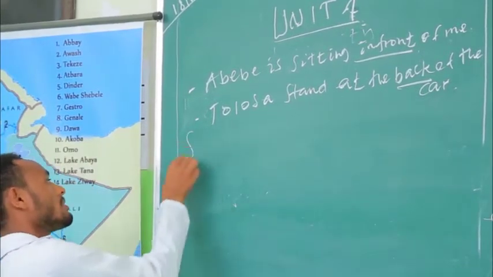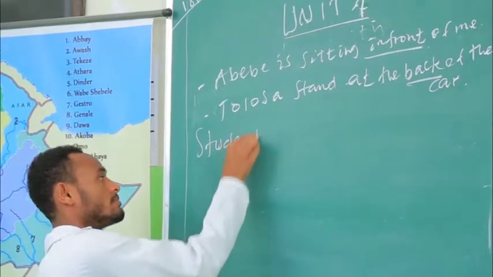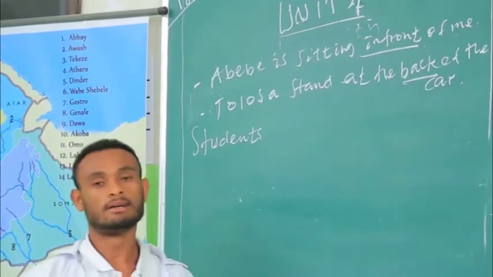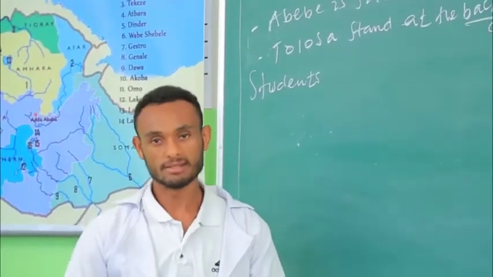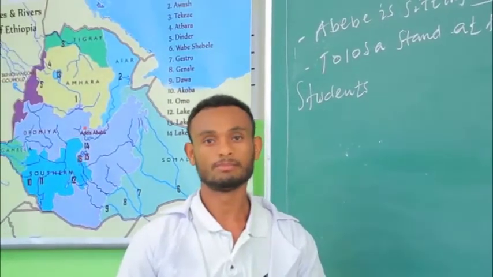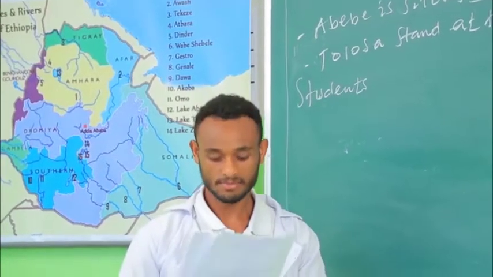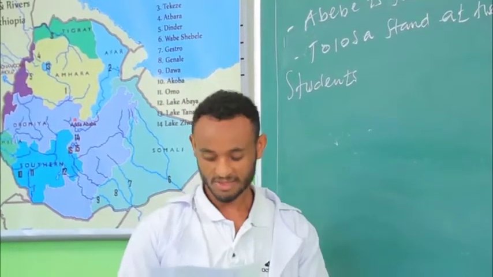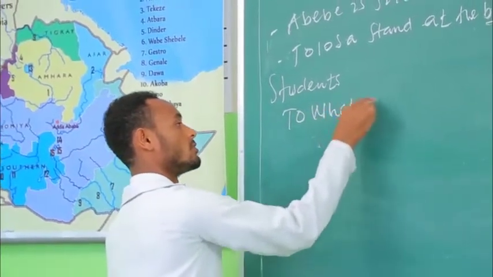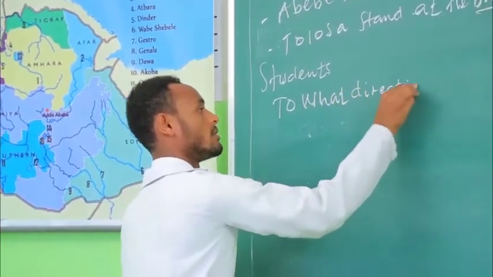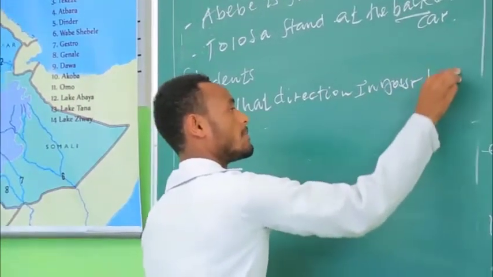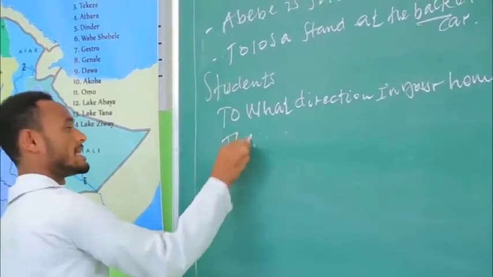Students, let me ask you one question that you will answer with your parents. Are you ready? Shall I ask you? Okay. In what direction in your home is the TV found?